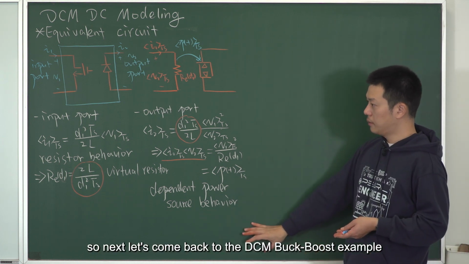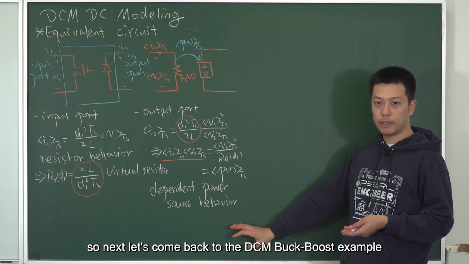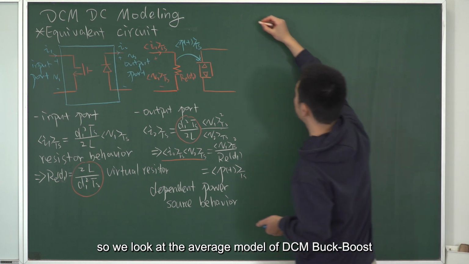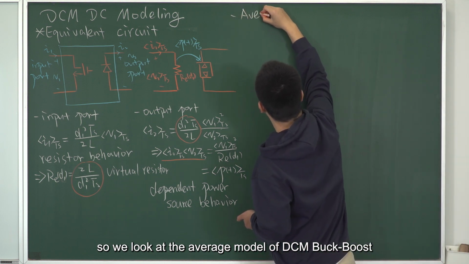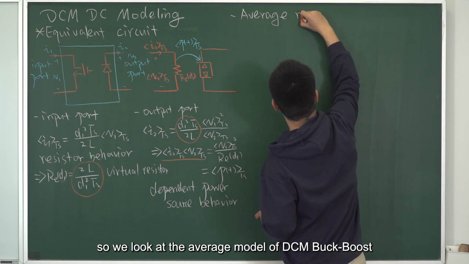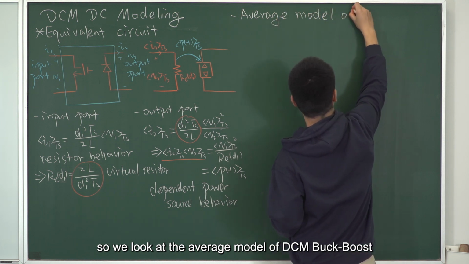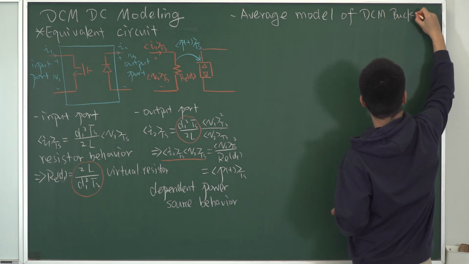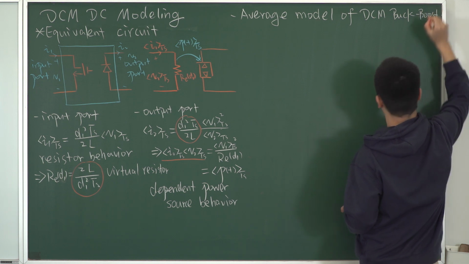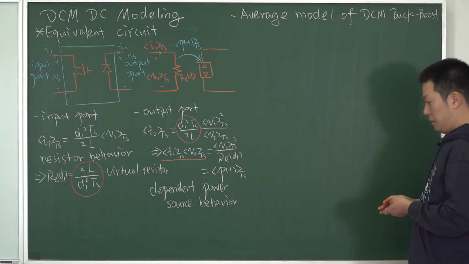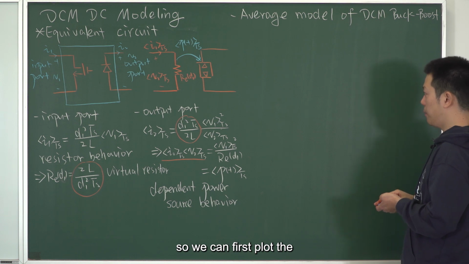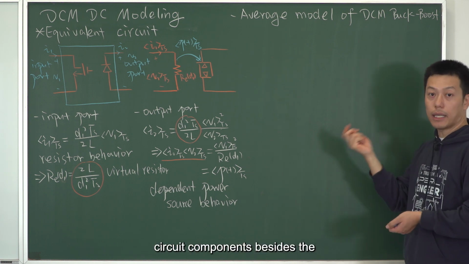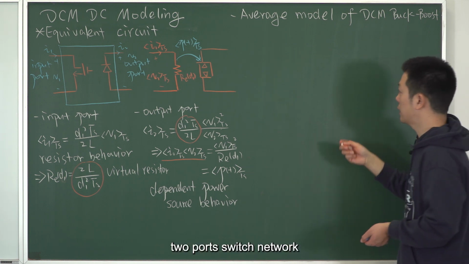So next, let's come back to the DCM buck boost example. So we look at the average model of DCM buck boost. So we can first plot the circuit components besides the two-port switch network.